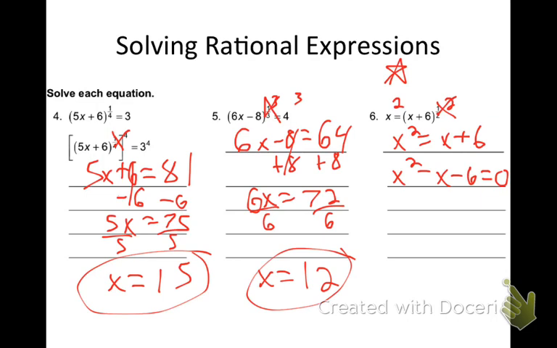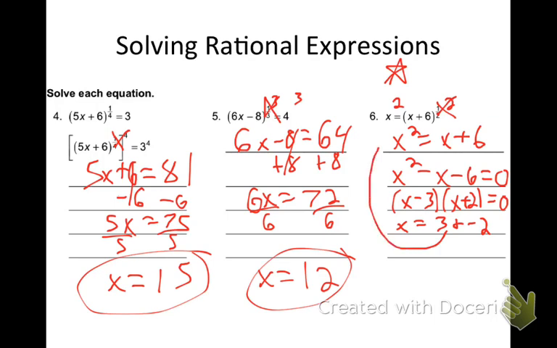Now that I set it equal to 0, I can solve it by factoring. Two numbers that multiply to get -6 and add to get -1. What are those two numbers going to be, Jack? -3 and 2. Nice job. So I get x minus 3 and x plus 2 equals 0. So that means my answers are x equals what? 3 and -2.